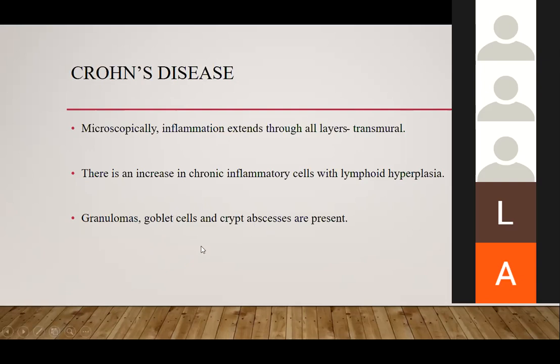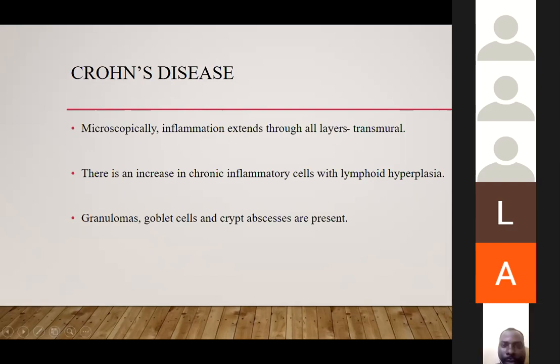This goblet cell here is key because as we go on, you realize that the other condition might not present with goblet cells. So it helps in making a diagnosis in terms of histology. In Crohn's disease you can see granulomas, goblet cells and crypt abscesses, whereas in ulcerative colitis, this and that is what is present.